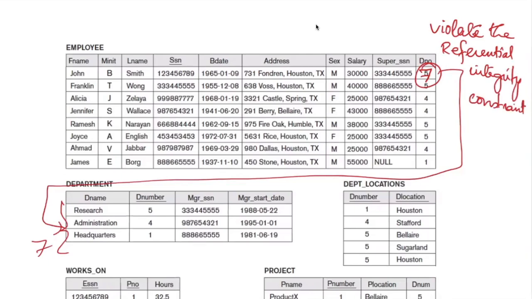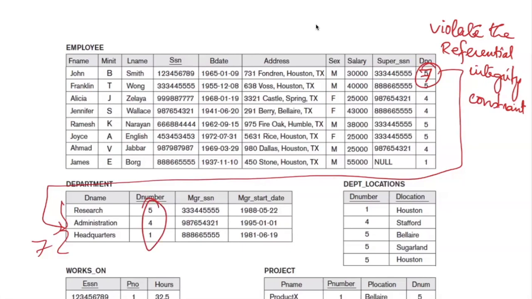So the referential integrity constraint, again, let me repeat, it specifies that if a particular tuple in a relation refers to another tuple in a different relation, then it must refer to an existing tuple. So here, existing tuples for department are with department number 5, 4, and 1.